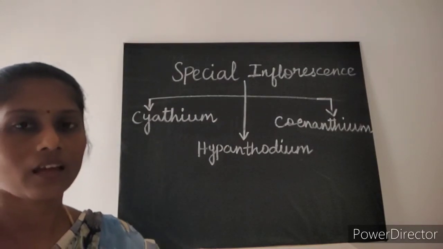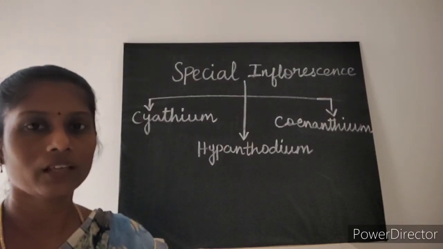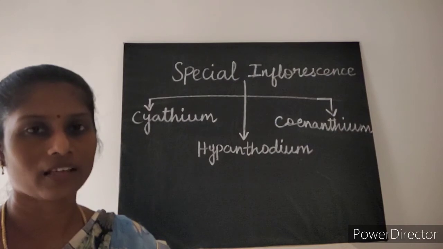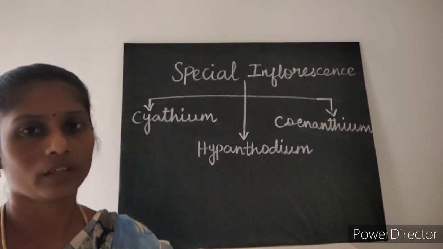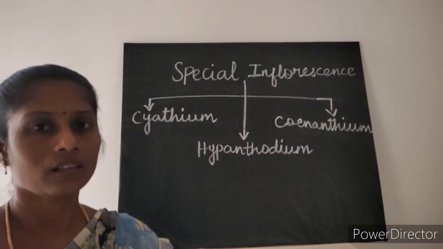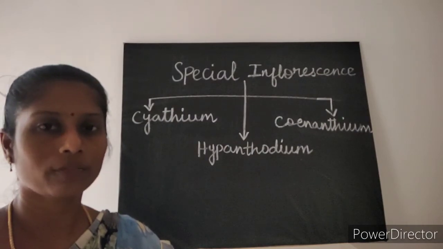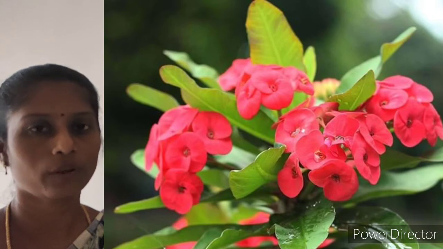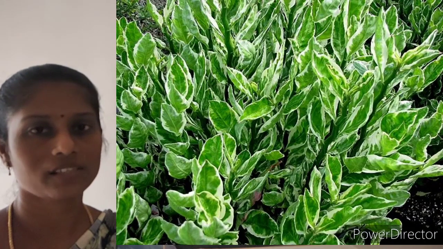Male flowers contain only stamens. Female flowers consist of pistils only. The cyathium may be actinomorphic or zygomorphic. Actinomorphic example: euphorbia. Zygomorphic example: pedilanthes.